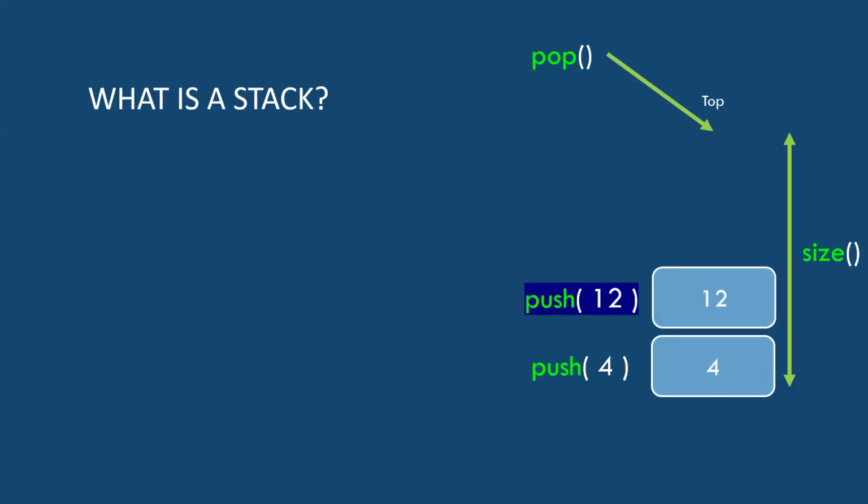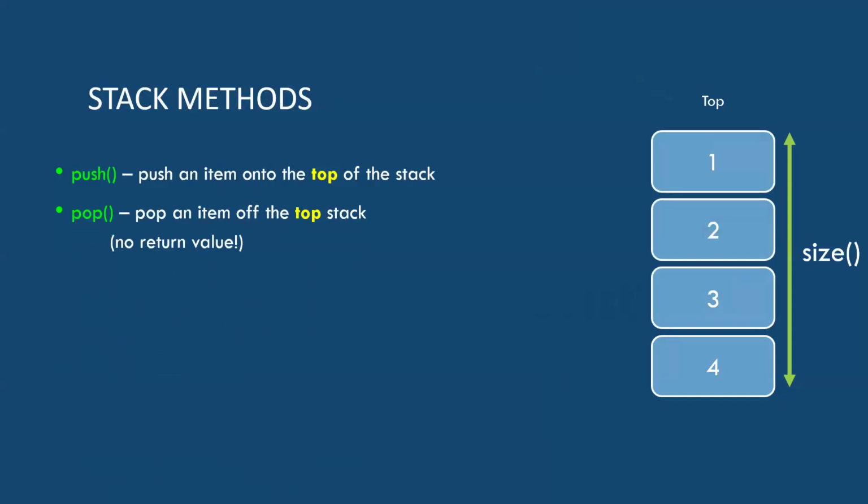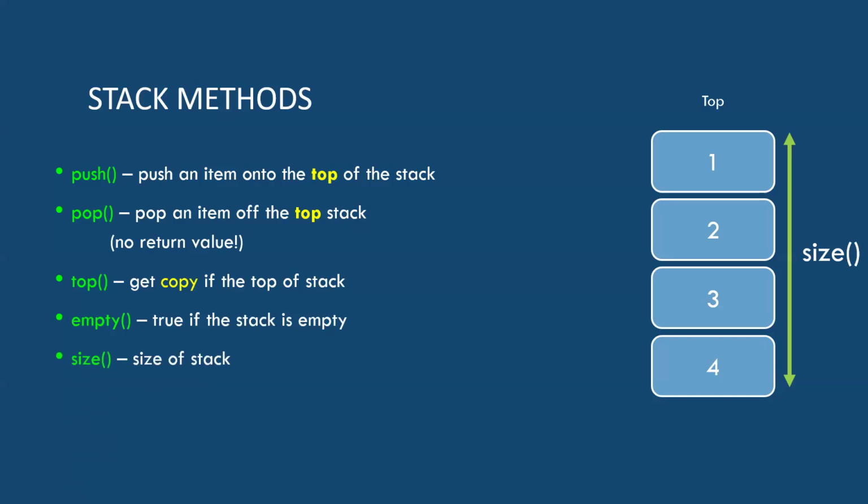So this idea of pushing and popping is pretty familiar, I think. So these are our methods, push and pop. Top is a way of peeking at what's on the top without actually taking it off. So I can see what's on the top of the stack and even potentially change what's on the top of the stack. I can ask whether the stack is empty. I can ask how many things are in the stack, but that's about it.